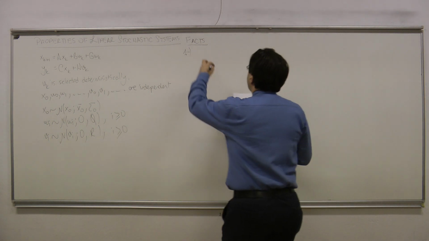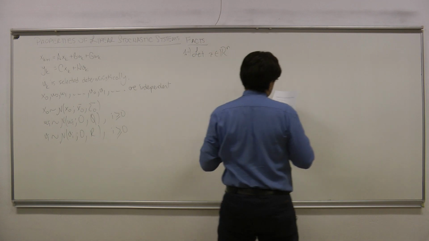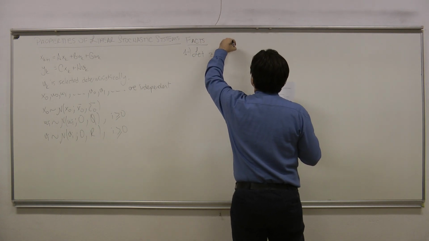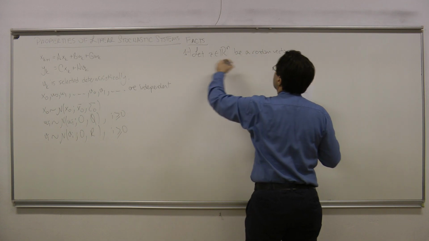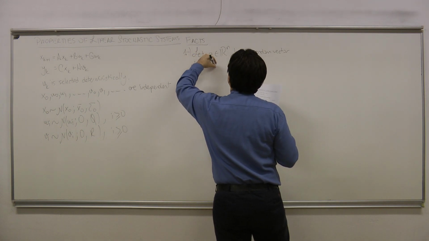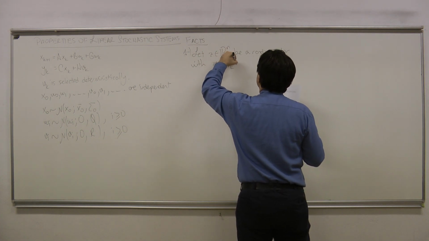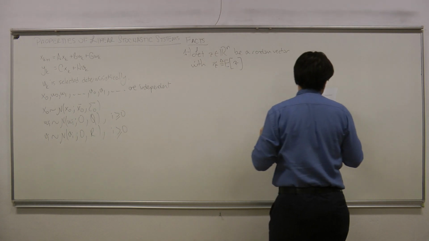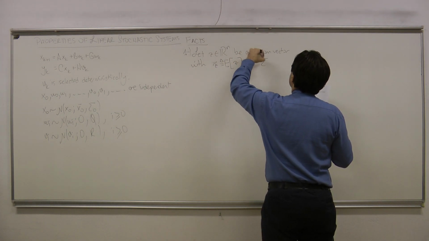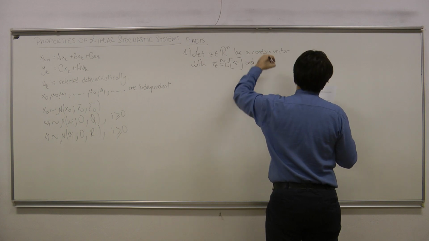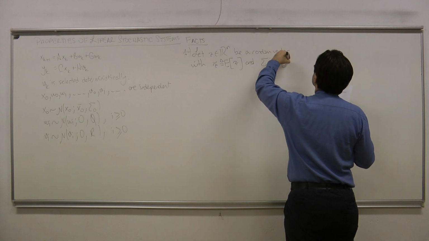So let me say that let Z in R^n be a random vector, with, let us say that the expected value of Z is defined as Z bar, and let us say that covariance of Z is defined as sigma_Z, okay?